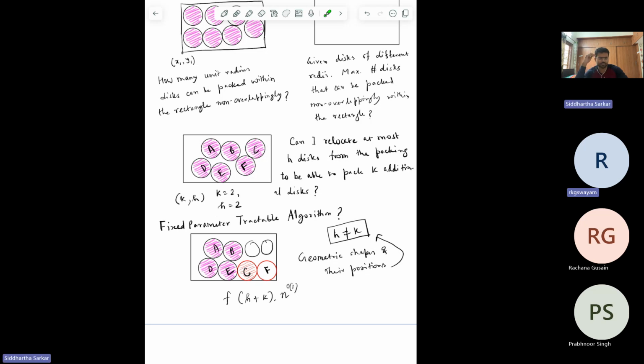That is the first level of check. If there is not enough space, then the question of packing non-overlappingly will not arise. The first check is how many disks can be packed at most. That's an upper bound, but then we have to refine it.